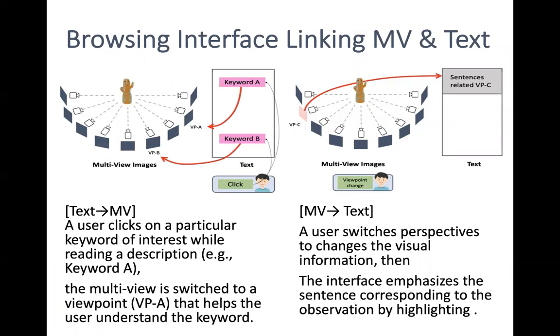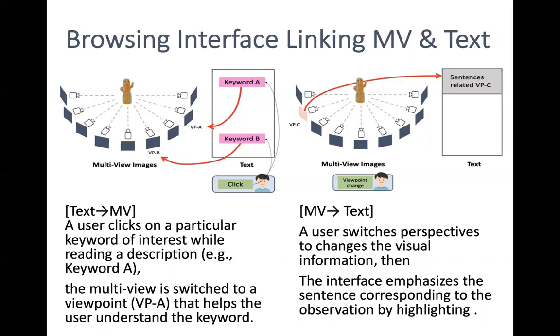This is the browsing interface linking multi-view images and text. As interaction from text to multi-view images, the user clicks on a particular keyword of interest while reading a description. For example, keyword A. So the multi-view is switched to a viewpoint, VPA, that helps the user understand the keyword.